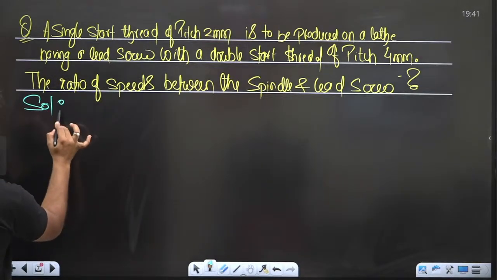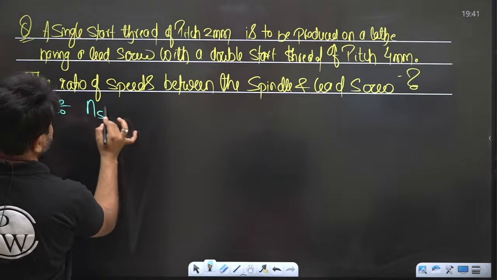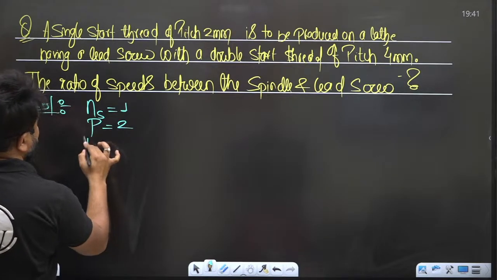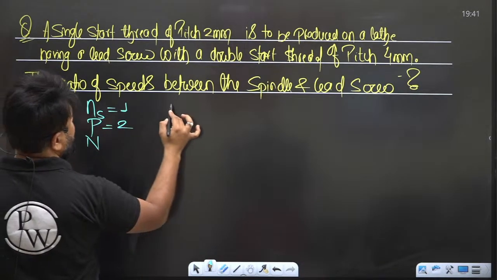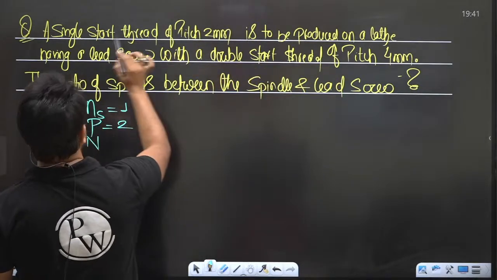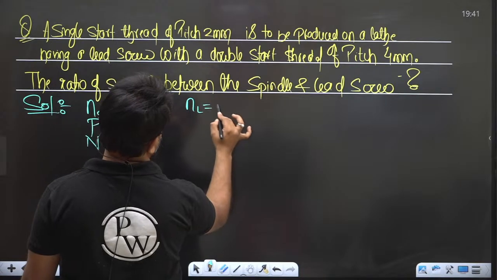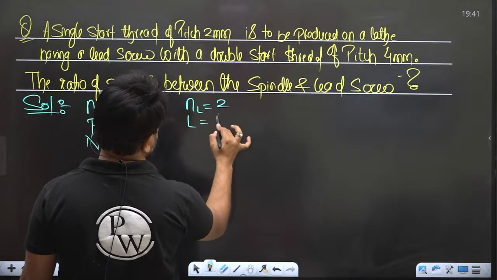So here the solution is very simple. A single start thread, that is NS, is 1, of pitch 2 mm, that is P equal to 2, and N is the RPM of the workpiece. To produce on a lathe having a lead screw thread with a double start, that is NL equal to 2, the pitch of the lead screw is 4.